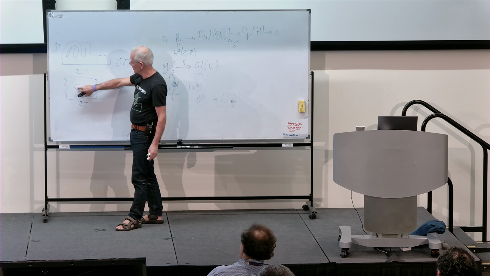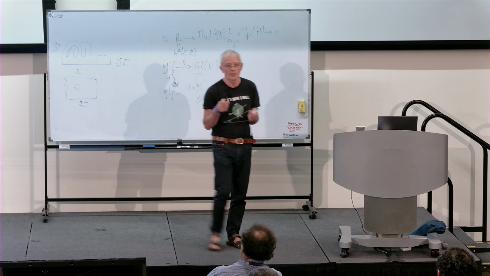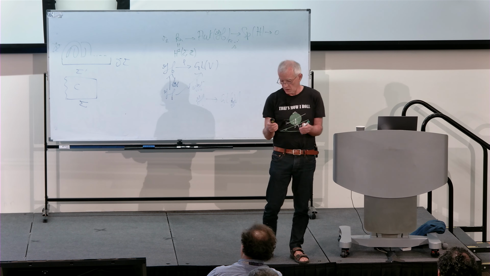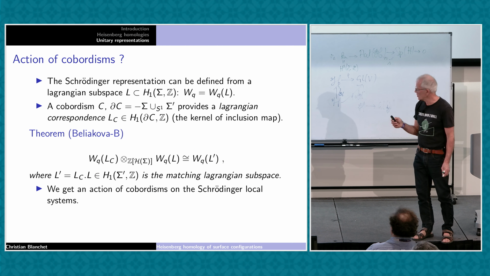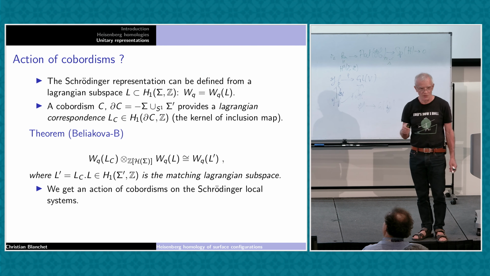The fact is that the Schrödinger representation associated with the Lagrangian correspondence is a bimodule over the two Heisenberg algebras. So it is an action by bimodule. And so this means that we get an action of cobordisms on the Schrödinger local systems.